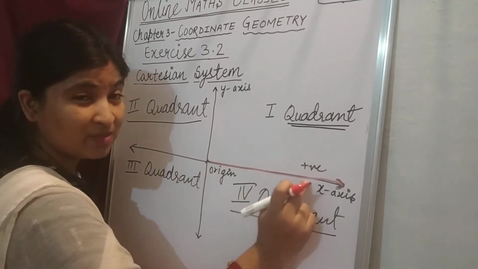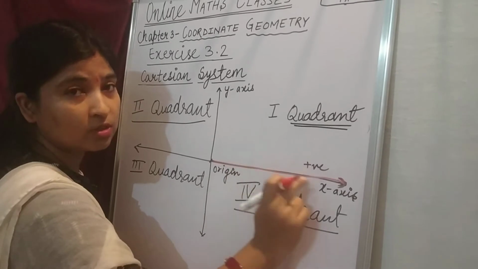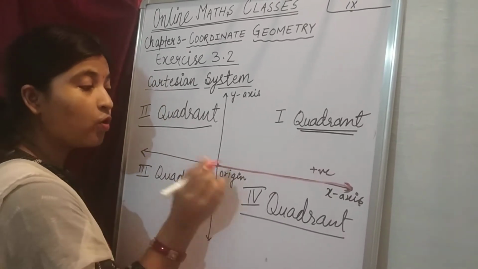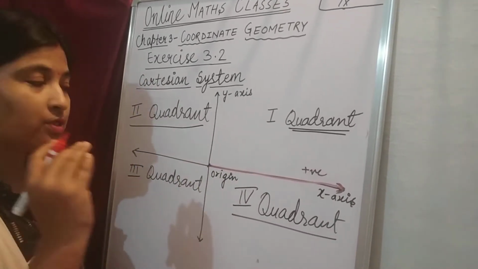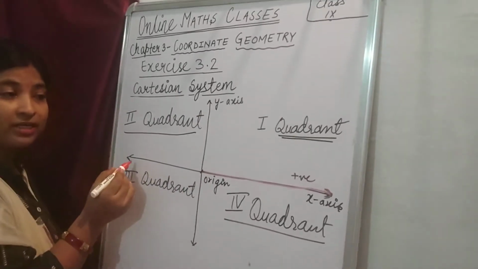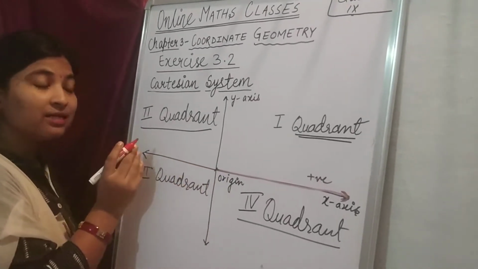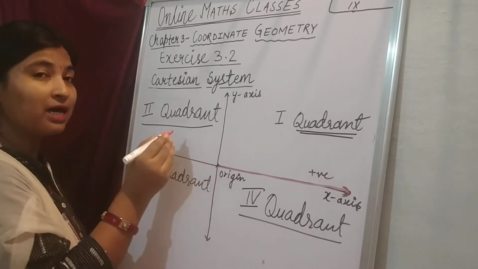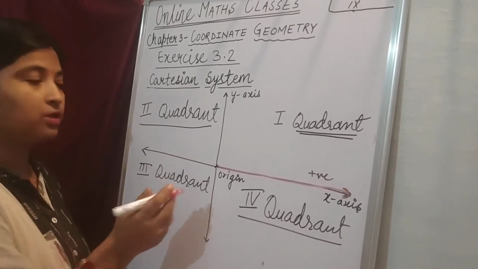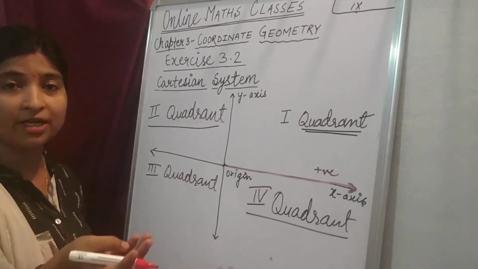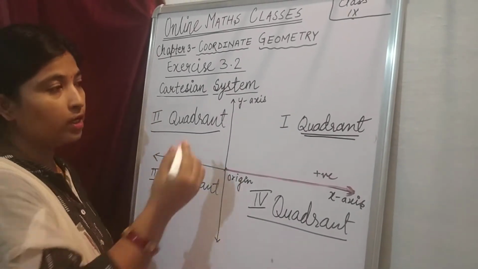This is my x positive. Here I will only represent the positive numbers. Now left hand side of the x-axis, what it says? It says the negative side. Negative side means I will take all the negative numbers on this point, like -1, -2, -3 and so on.